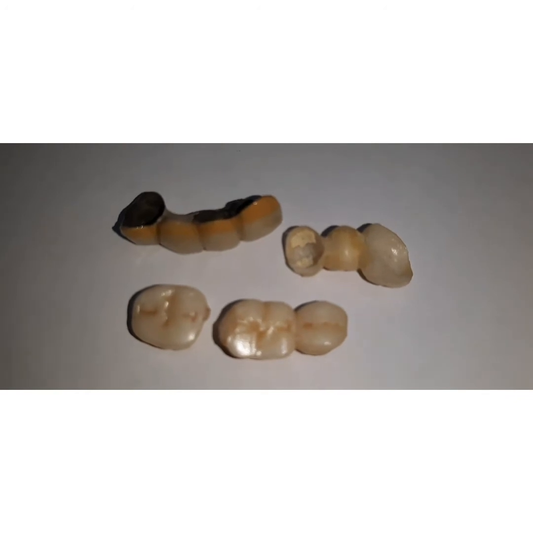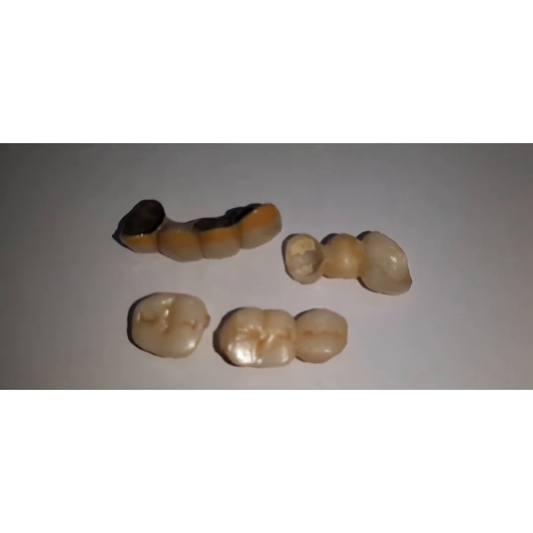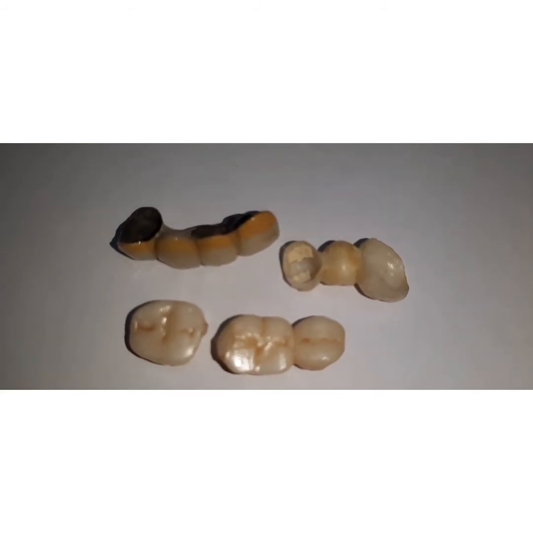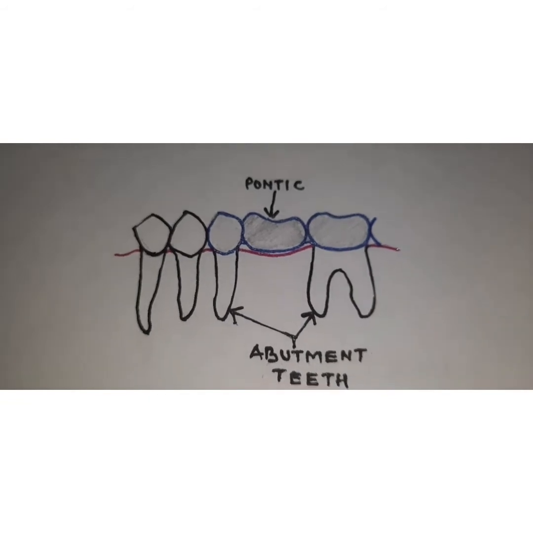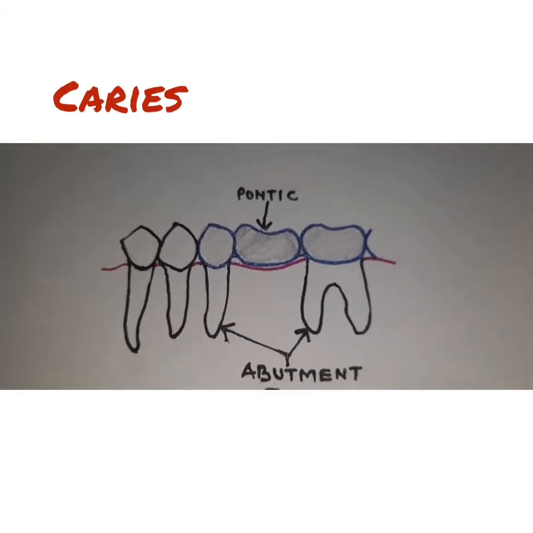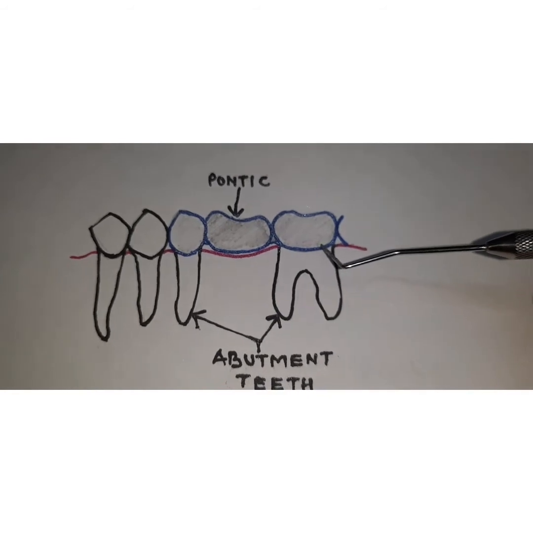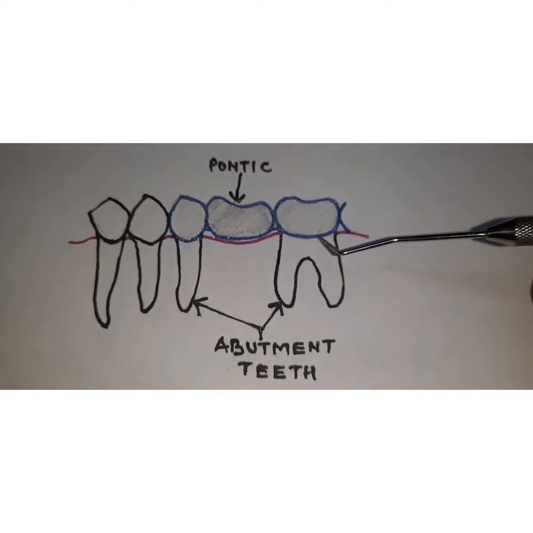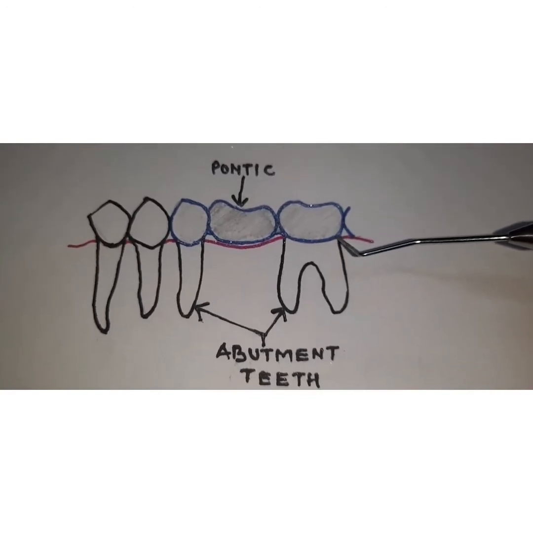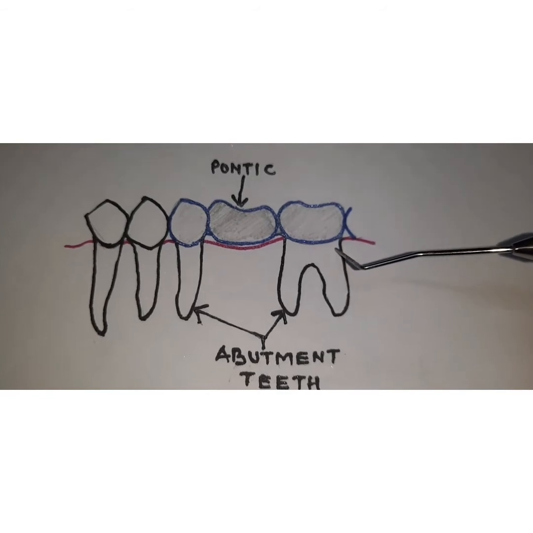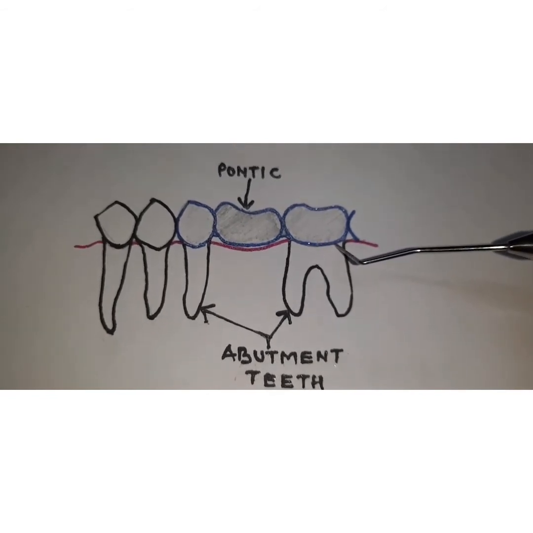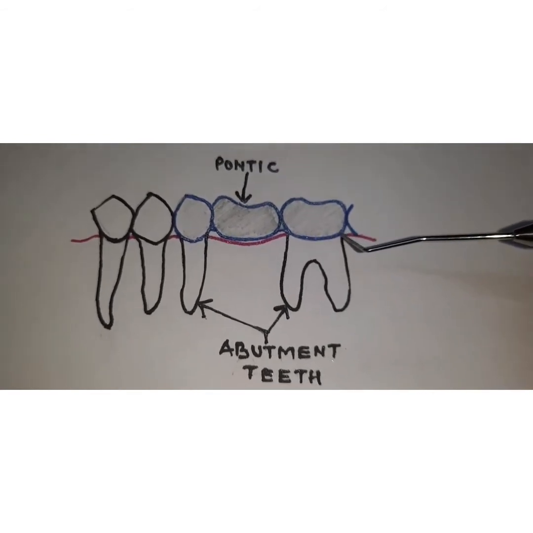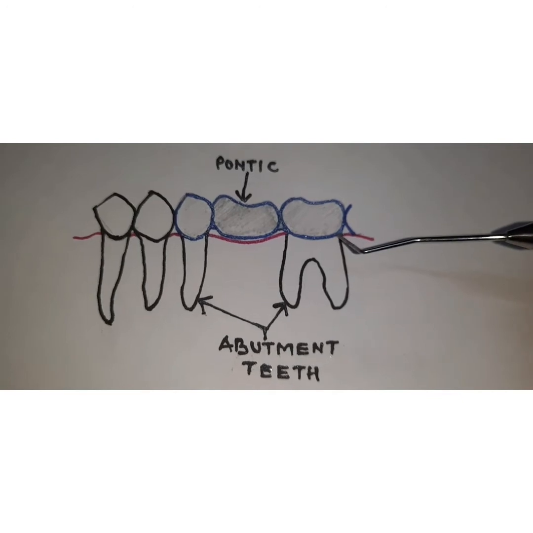Now let us see each one of them one by one. First, the biological failures. They can be grouped, and they can be caries, secondary caries. If your fixed partial denture is not fitting well, suppose there is a gap between the crown and the tooth surface, and you have just cemented that, and there is a partial gap at the margin between the restoration and the tooth structure, then chances of secondary caries will be very high in this region, because there will be food lodgement, and this will amount to failure of your fixed partial denture.